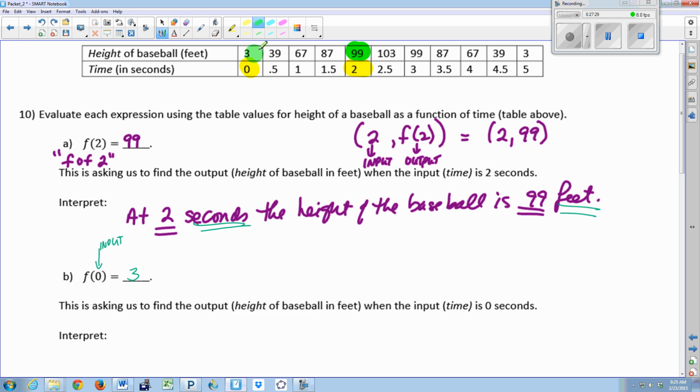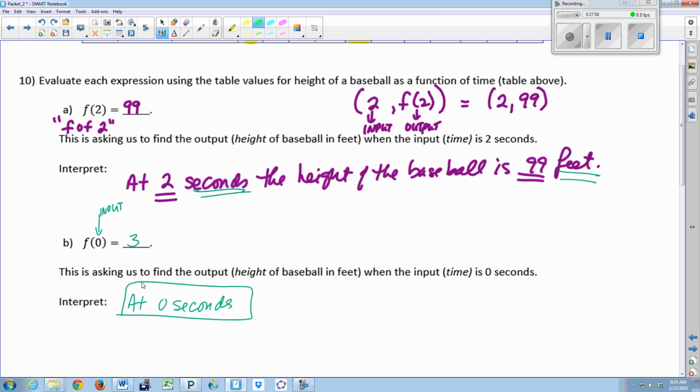Okay, so here our input is 0 seconds and the height of the baseball. That means probably just before the baseball player was going to smack that baseball, right at the point of impact, the baseball was 3 feet above the ground. Most of the time, when time is 0 seconds, we use another word for it, initially.